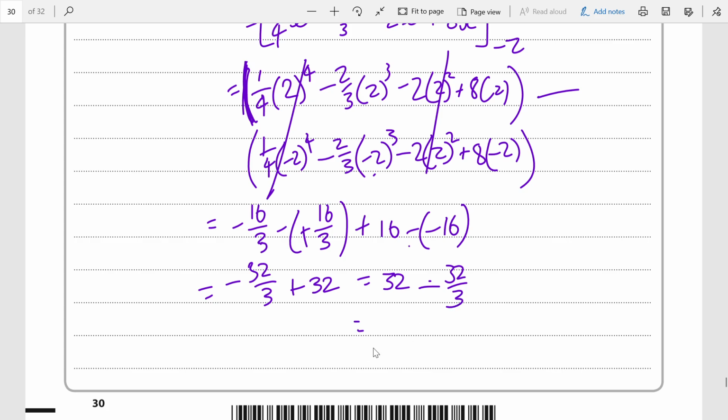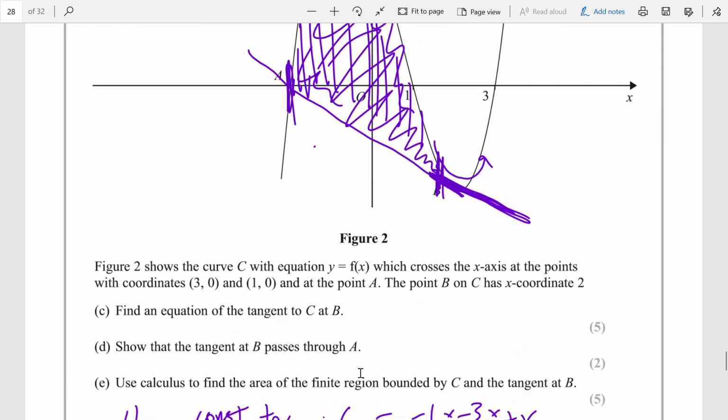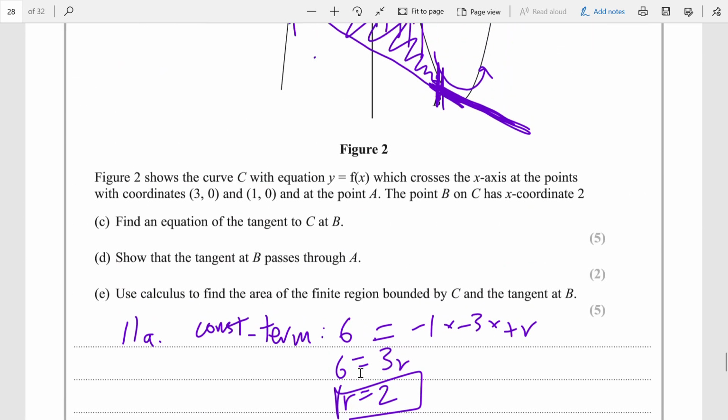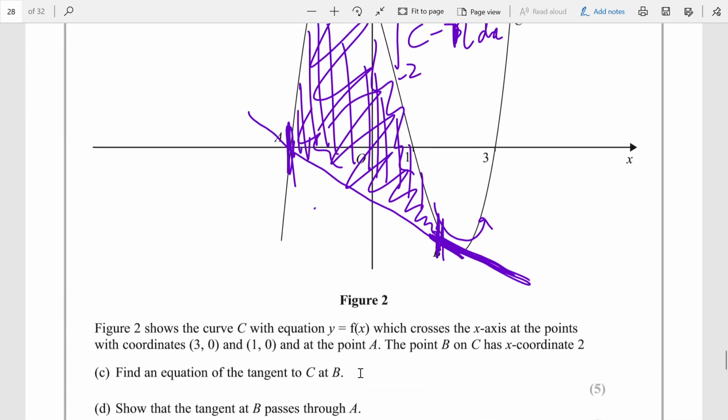And, well, this leaves us at an area of 64 over 3 unit squares. So we box that as our answer for part 11E, which is the final part of question 11.